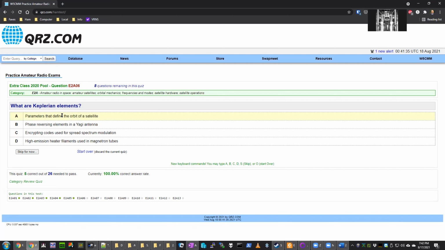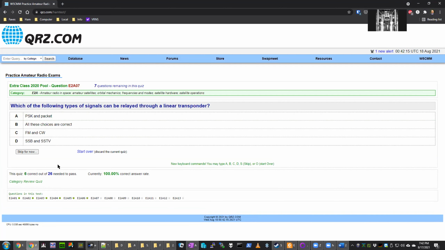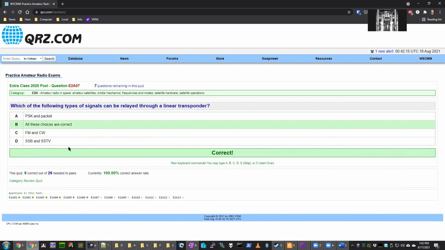That helps correct for any anomalies that develop over time. Which of the following types of signals can be relayed through a linear transponder? B. Yeah, another all of the above.